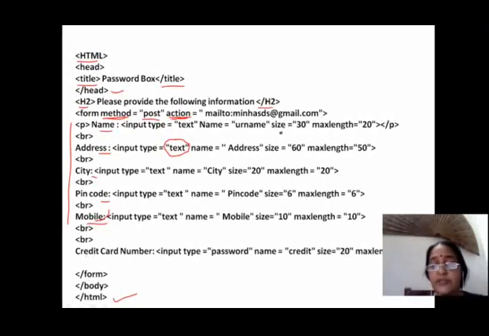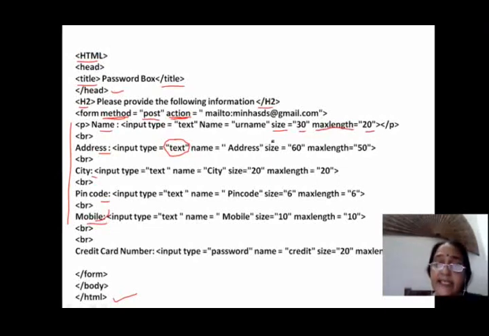One more thing children, here it is written size and here it is written maximum length. It is my advice, when you are generating your program, make these two attributes the same. Here it is 30, here it is 20. Why have I written 20? Because in your book it is written 20. But it is my advice to make these two numbers the same.